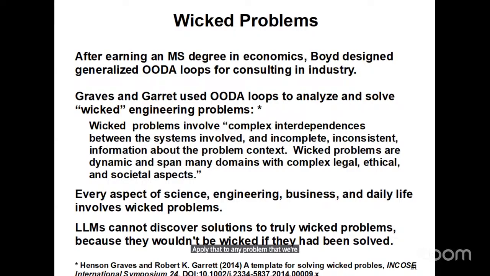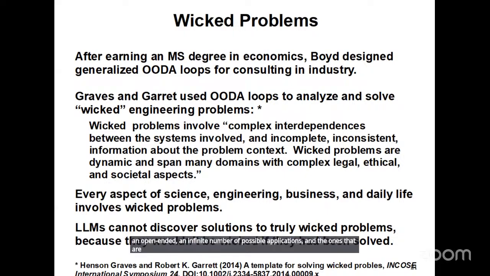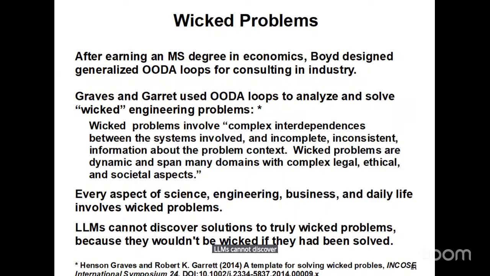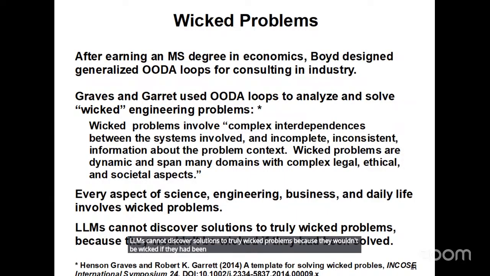Just look out the window at the immense complexity in the world, and there's an open-ended, an infinite number of possible applications, and the ones that are documented in the web are just a tiny fraction. And the point is that LLMs cannot discover solutions to truly wicked problems because they wouldn't be wicked if they had been solved.